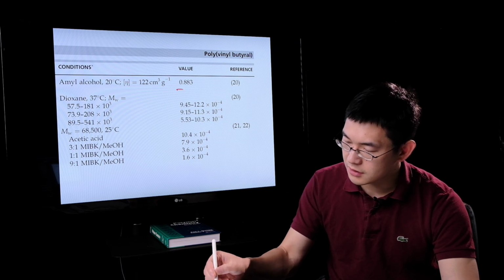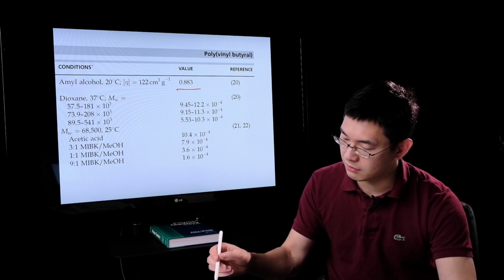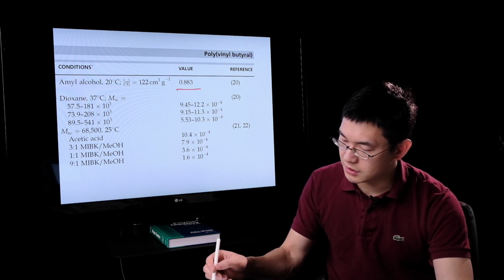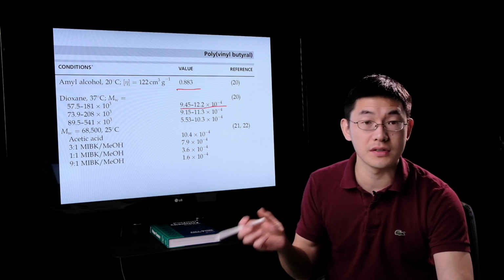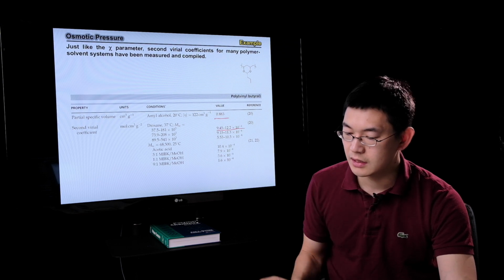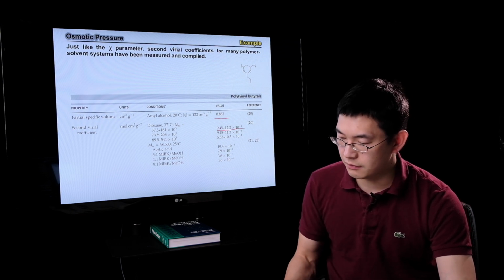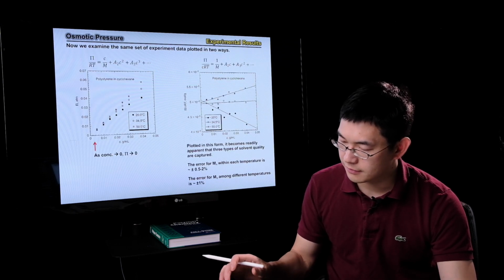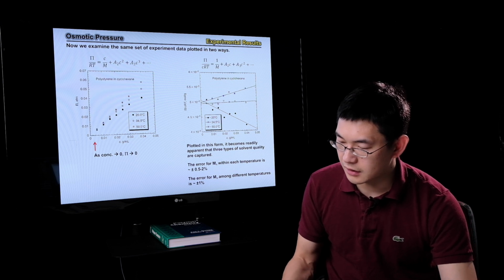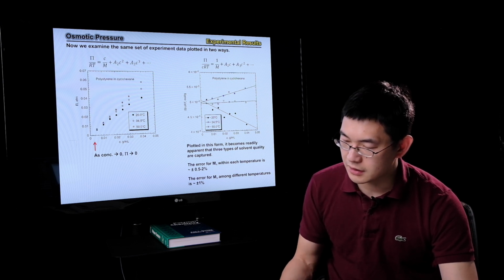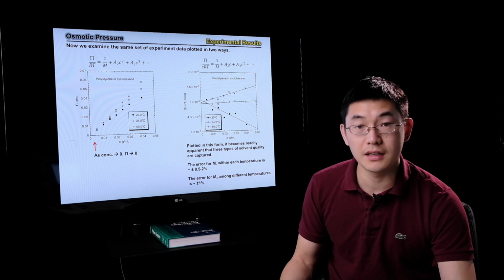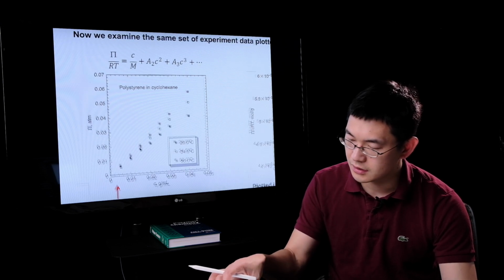You can see this one is positive, which means a very good solvent. This one is actually very little, 10 to the minus 4, which you can consider close to 0, or a very low value.